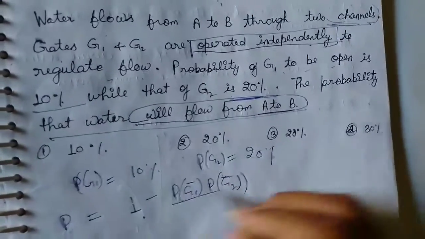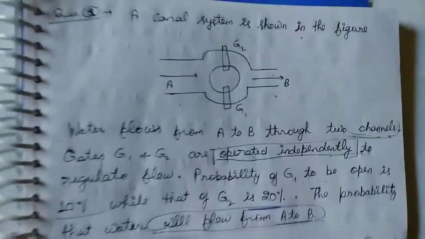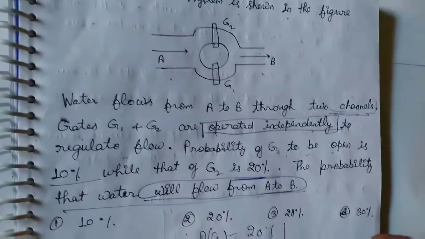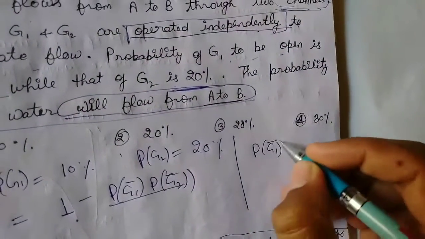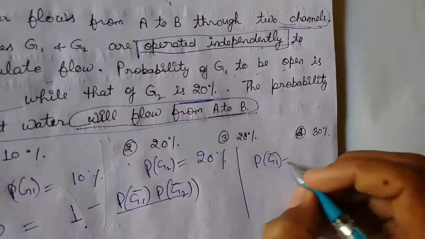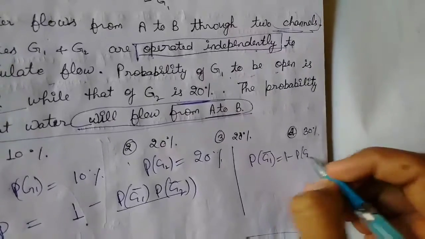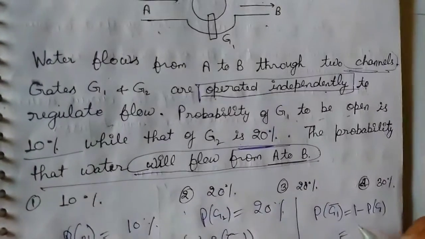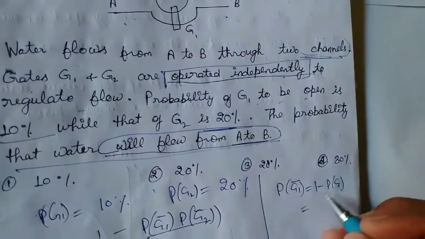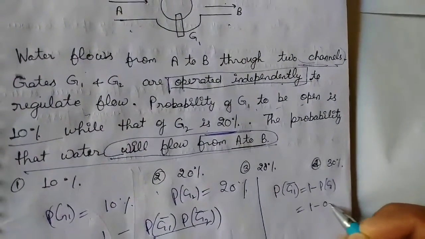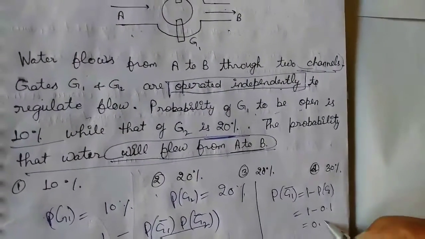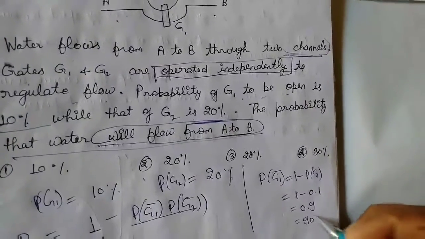This means that first of all, I will suppose that both channels are closed. P(G1 bar) means 1 minus P(G1), the probability of water not flowing from G1. This will be 1 minus 0.1, that is 0.9 or 90%.